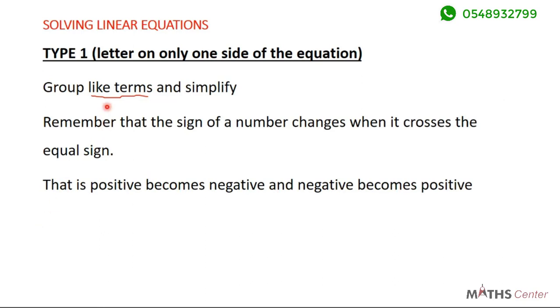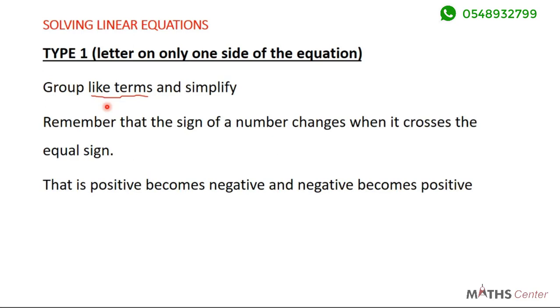Now, in linear equations, you will see that some terms have variables attached to them, while other terms will have no variable attached to them. So what we mean by group like terms is to group all the terms with the variables attached on one side of the equation, then group all the terms with no variable attached on the other side of the equal to sign.